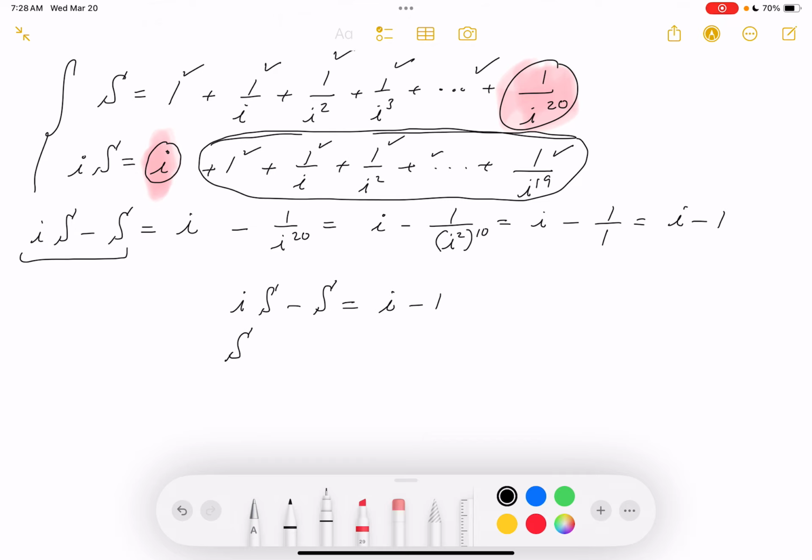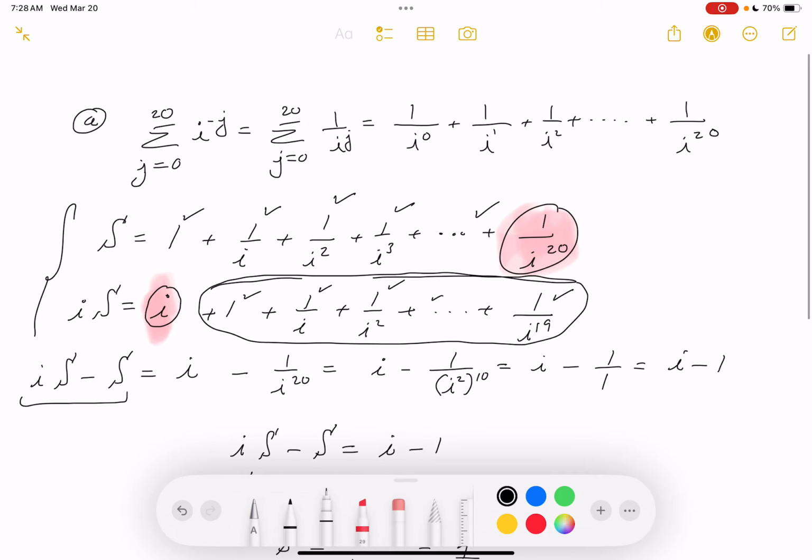I'm going to factor an S out because that's what I want to get. And I get S times I minus 1 equals I minus 1. Well, I hope it's obvious that S equals 1, but let's write this down. Divide both sides by S's coefficient, which is I minus 1, and this gives me 1. What's the sum produce over here? Just the number 1. All right?